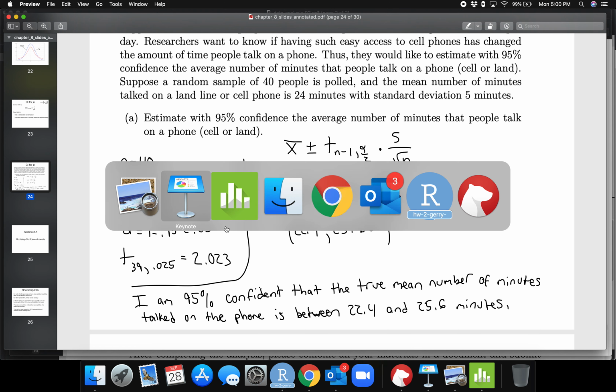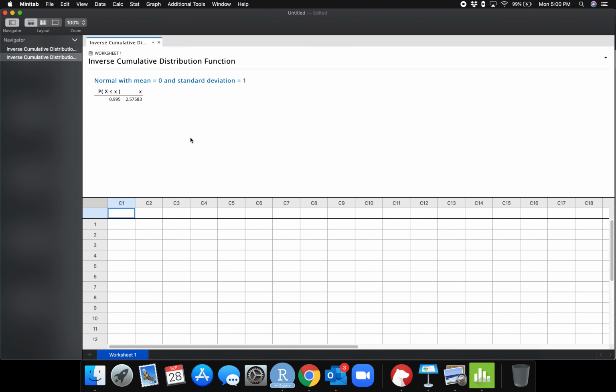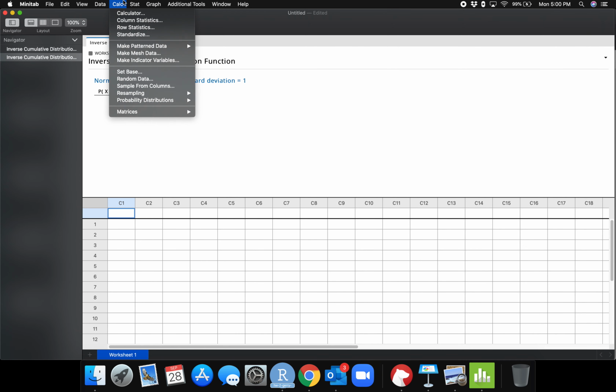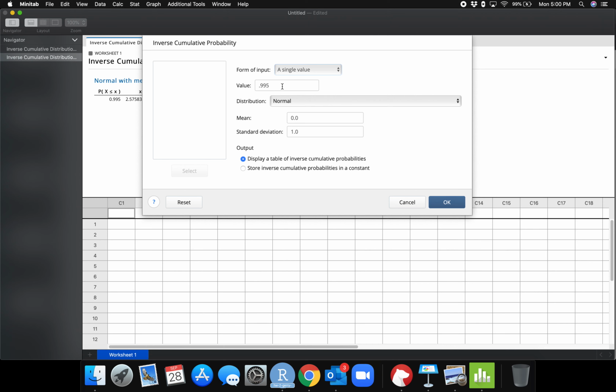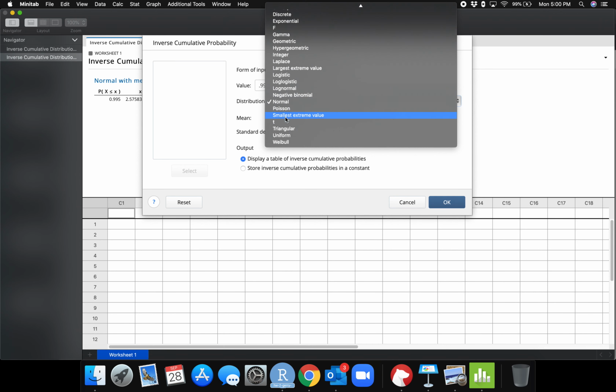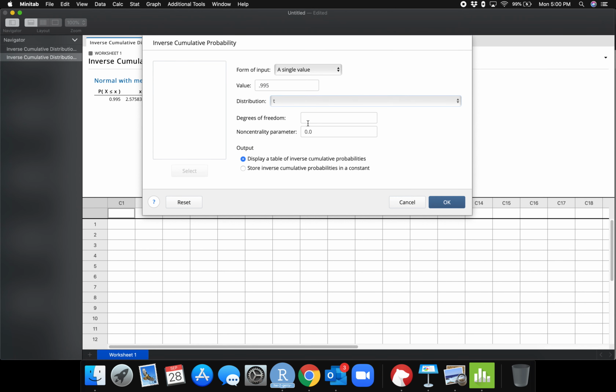So let's go to Minitab and see how this differs from when we did it with the normal distribution in the last video. We're going to go to Calculate Probability Distributions, again inverse cumulative probability. The only difference now is that instead of a normal distribution, we're going to use the t. So down here is the t. It asks for degrees of freedom, and degrees of freedom is n minus 1.